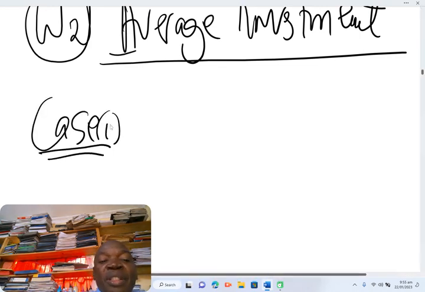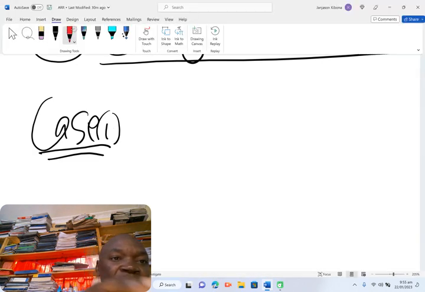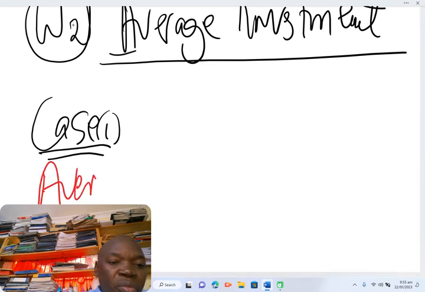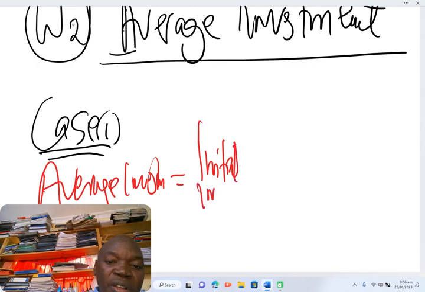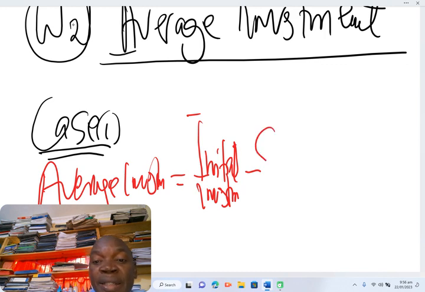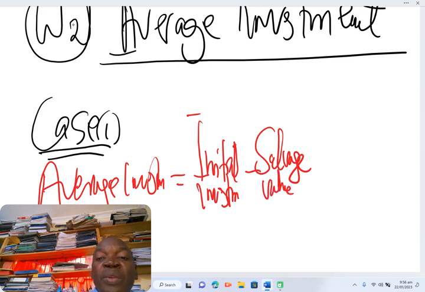For example, generally, average investment is taken as initial investment minus salvage value in bracket over 2, plus salvage value plus additional capital.